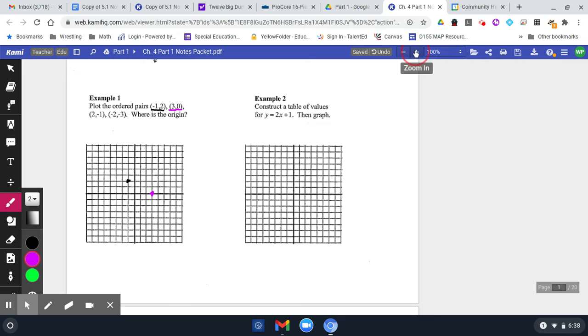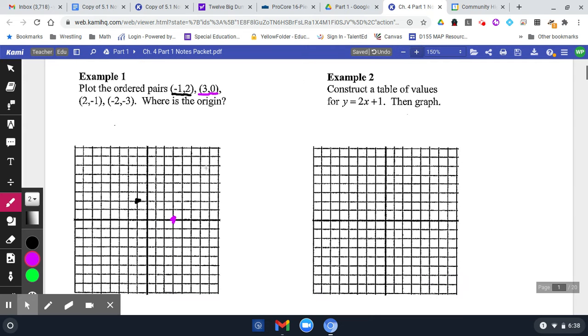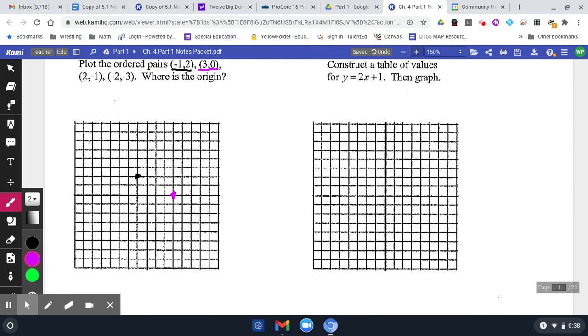I'll zoom in a little bit for you guys. And then we have a 2, -1. So +2, down 1. Again, my x comes first. We're always moving the x-axis first, and then the y-axis.